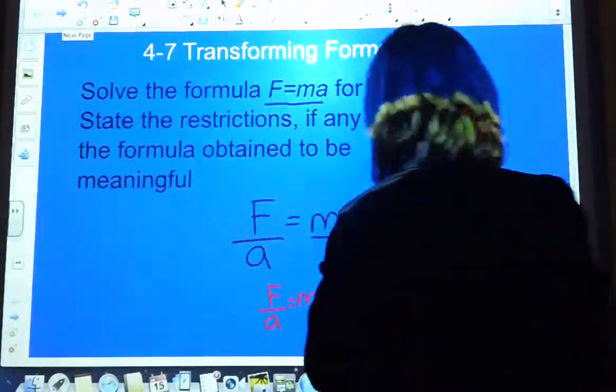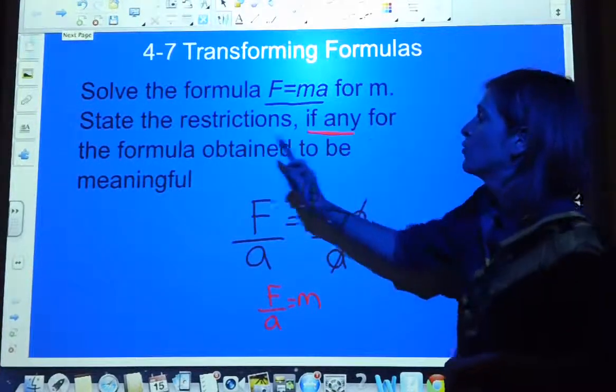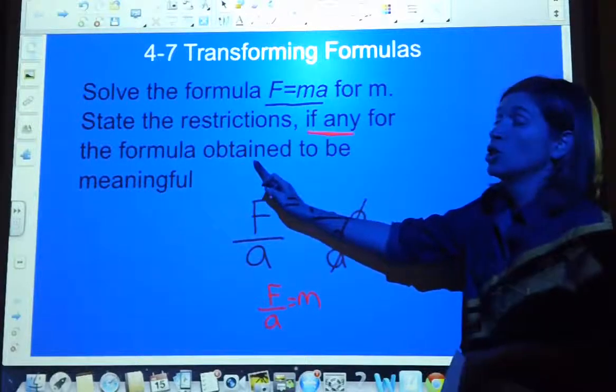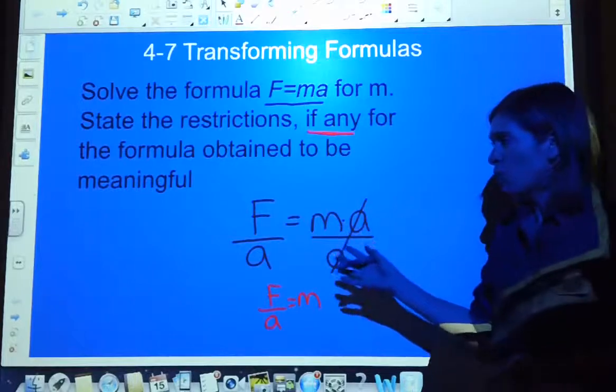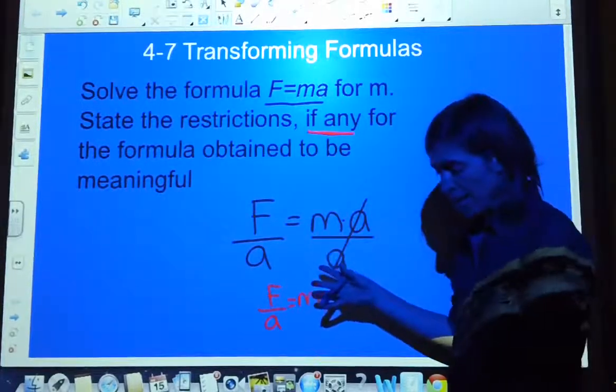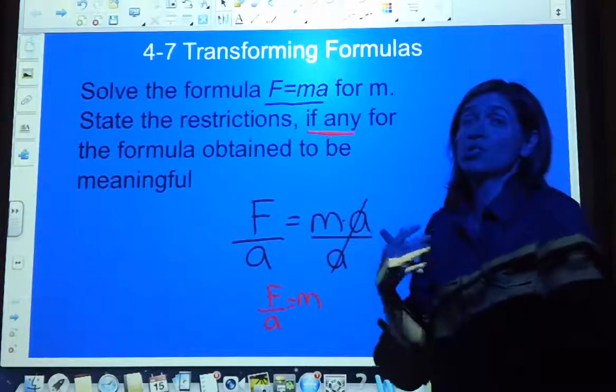Okay? But now we've got to look, it says state the restrictions, if any, for the new formula to be meaningful. Well, this formula has a fraction in it. So in order for it to be meaningful, it means it has to work.